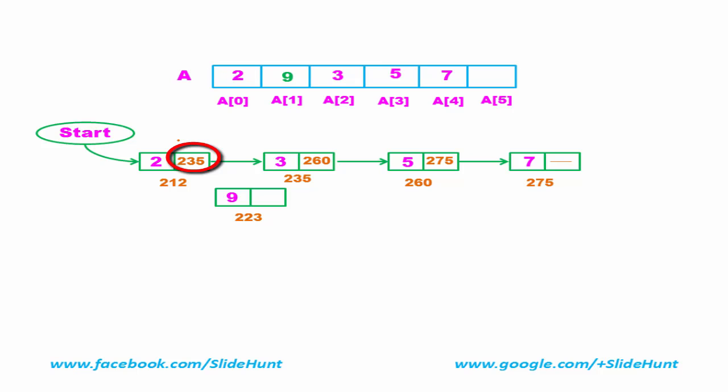So now this field contains 223. And in the address field of the new node, give the address of the next node, that is 235.